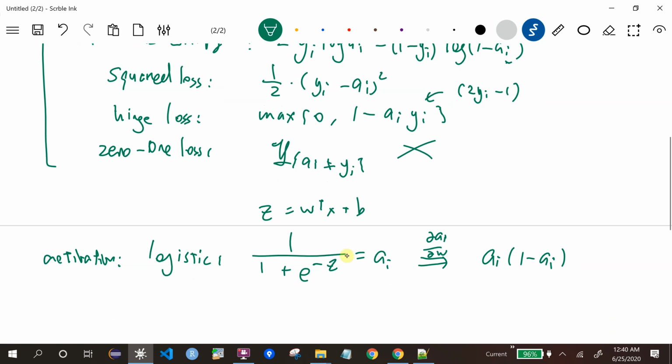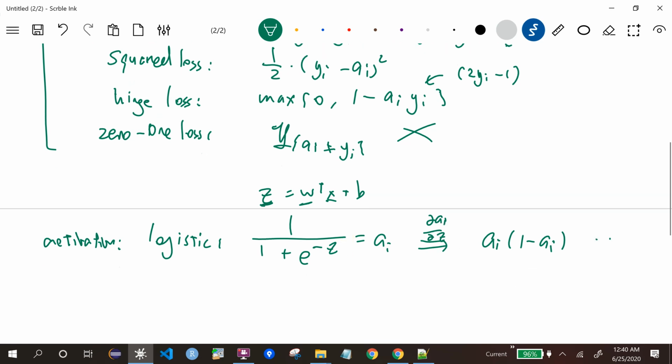Either every time you differentiate this function and realize it is that, or you can just remember it, because logistic activation is often used. Also remember, you always need to multiply by x because of the z part. When we differentiate z with respect to this w, you get an x, and this x is x_j corresponding to w_j. I will not write it here, and I will just write the z here for simplicity.